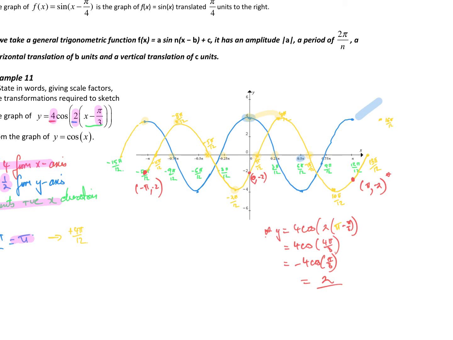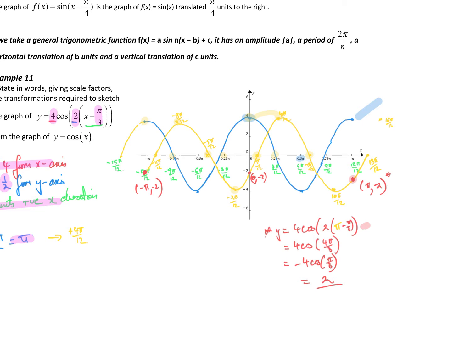Identify endpoints, really important. So we can see down here how I've done that. I've substituted pi into the equation. Pi minus pi on 3 is 3 on 3 minus 1 on 3, is 2 on 3, times 2 gives me 4 pi on 3. Cos of 4 pi on 3 is the same as cos of pi on 3. I've just got to check the quadrant I'm in.